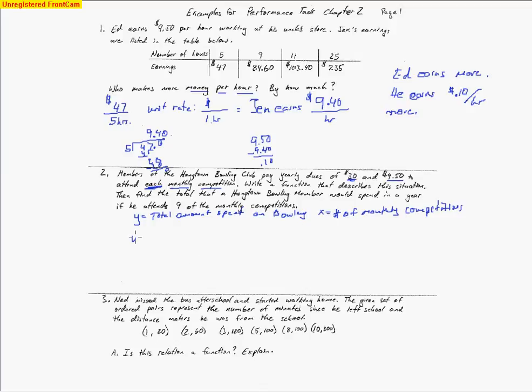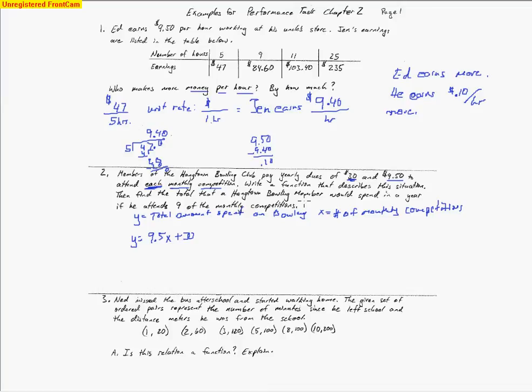The equation is y equals, and in the variable term, $9.50 per monthly meeting, or monthly competition. It depends on how many competitions I end up going to. So I'm going to multiply the number of monthly competitions I go by 9.50, but then I have to add on that $30 that is like the constant amount, the amount that I'm going to have to pay no matter what.